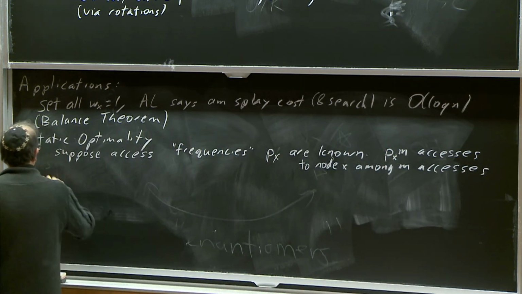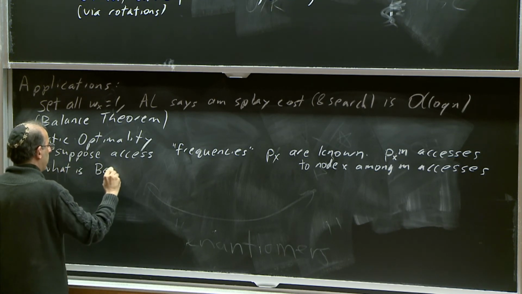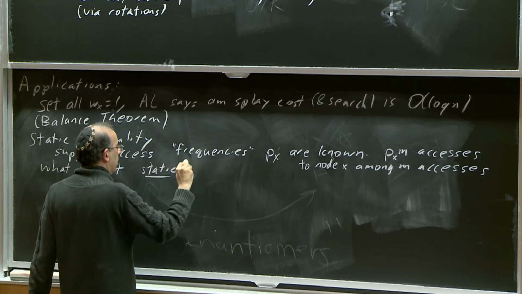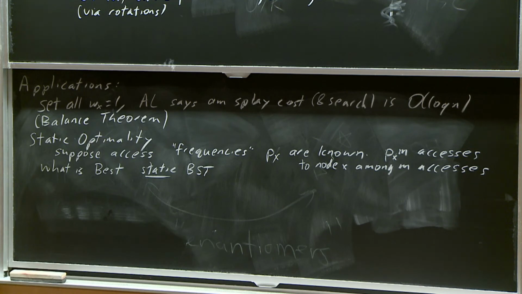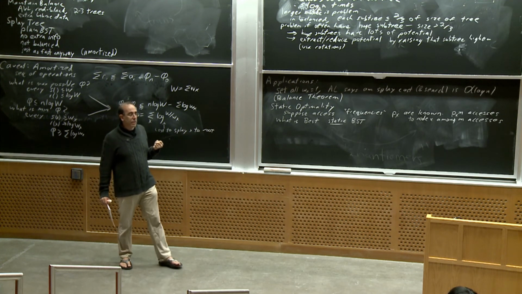The question is, what is the best static binary search tree for these particular access frequencies? Okay? So if I told you that this node is going to be accessed a lot and the others very rarely, what should you do in building a binary search tree that's good for those accesses?